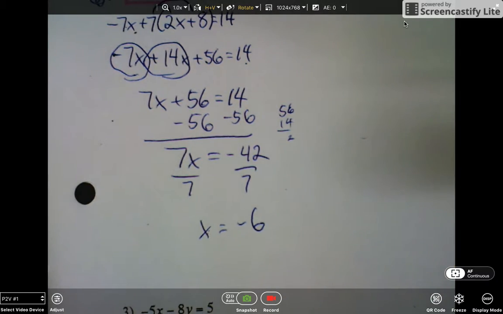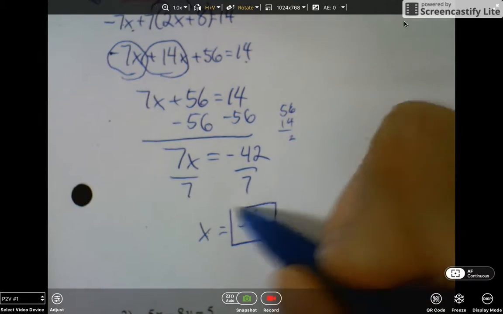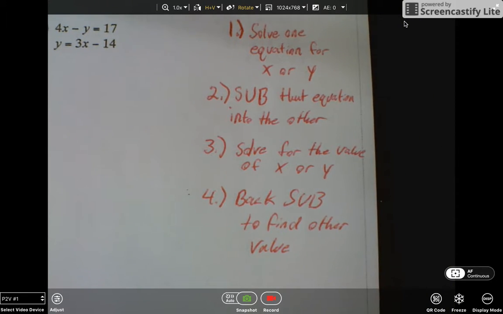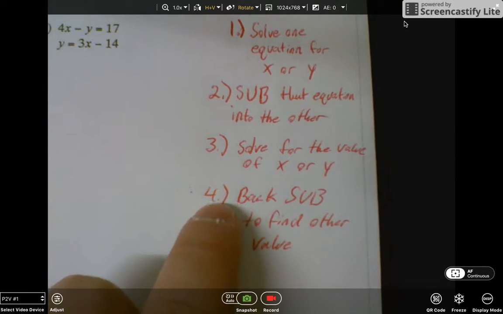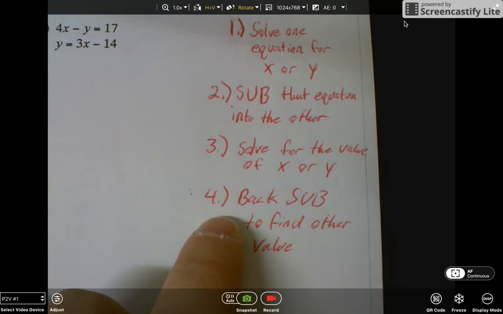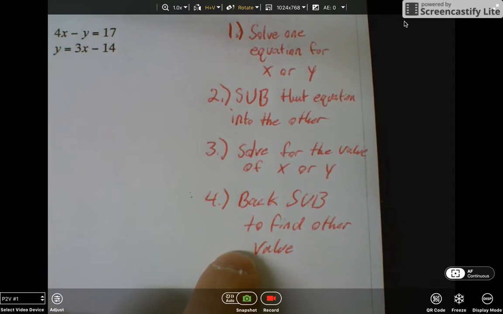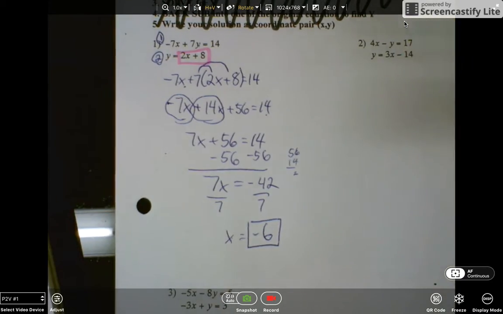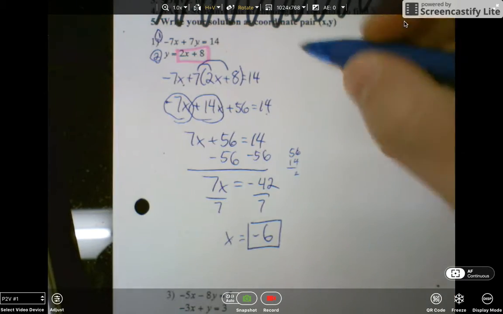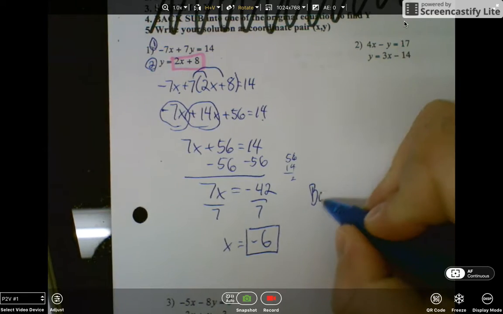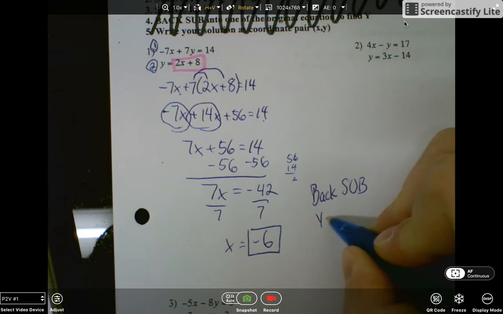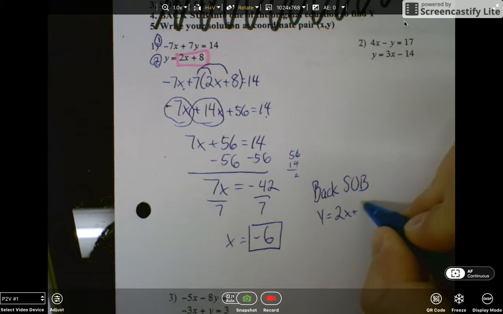So that brings me all the way up to step 4. Now that I have a value, I'm going to back sub it to find the other value, just like I used to before. And I'm going to use equation 2 here to do that. So when I do my back sub, I'm going to get y equals 2x plus 8.